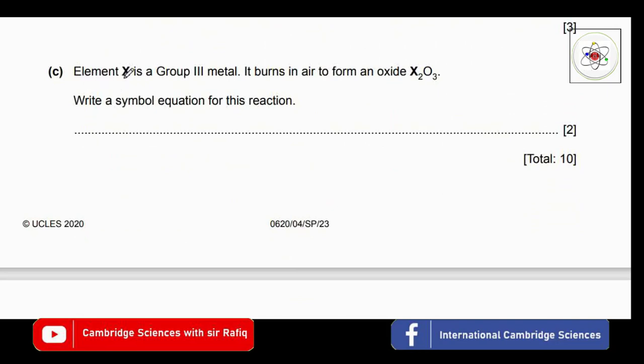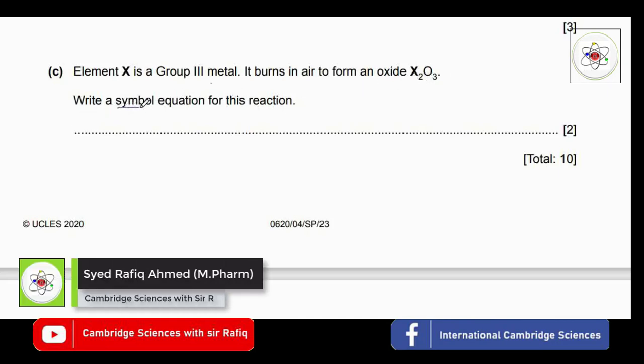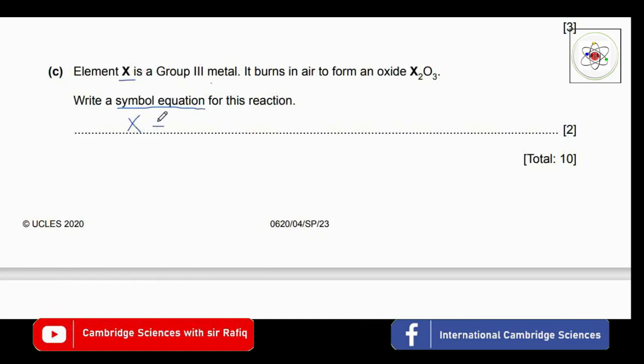Moving on, C part. Element X is a group 3 metal. It burns in air to form an oxide X2O3, which is the formula of that oxide. Write a symbol equation for this reaction. Element X is a metal, so when a metal is burned, it means the metal reacts with oxygen. The formula of the compound formed is X2O3.